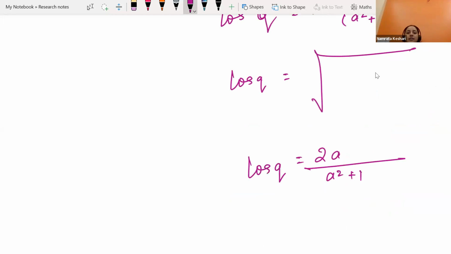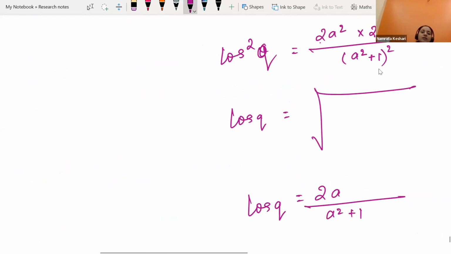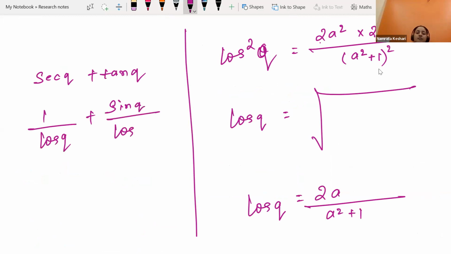Now we have to find this sec theta plus tan theta. We learned that whenever we have sec and tan, we can convert them in the form of sin and cos. So let's convert it quickly. It will be 1 by cos theta plus sin theta by cos theta. The LCM will be just cos theta, and the numerator is 1 plus sin theta.